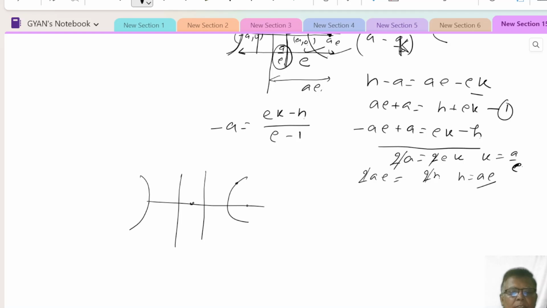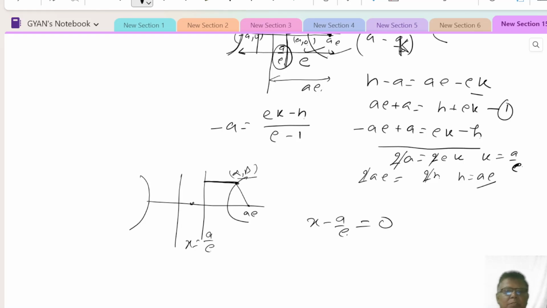Suppose this a point. So this is AE and this is A by E. So this is x is equal to A by E. So equation is x minus A by E is equal to 0, this is the line equation. Now we are trying to find this distance, and alpha beta will be a variable point.